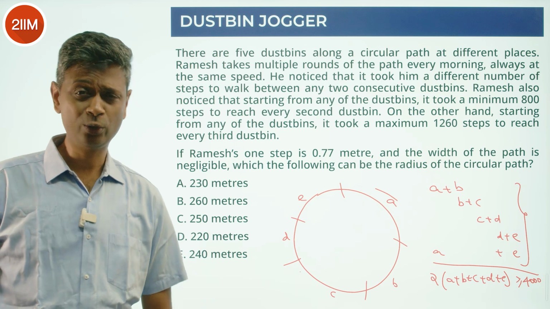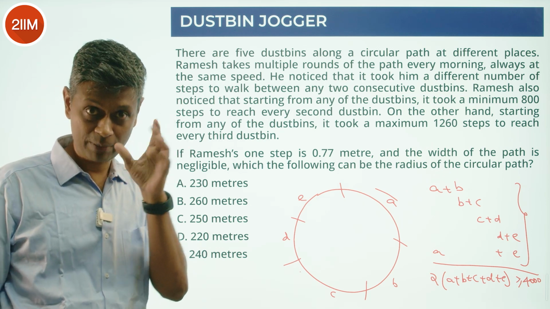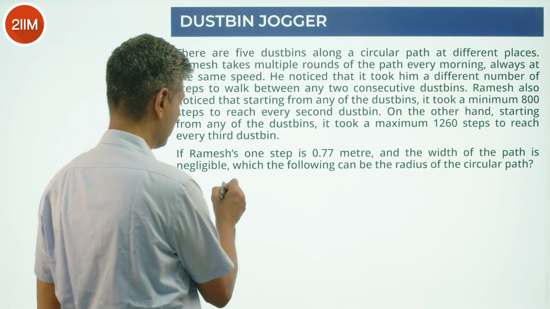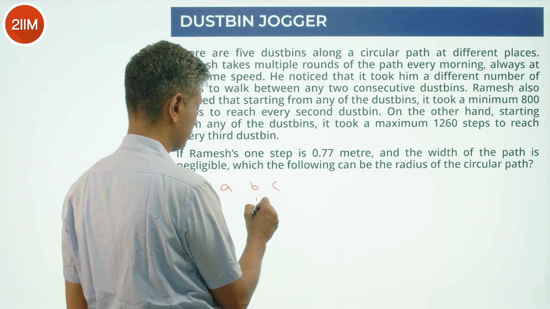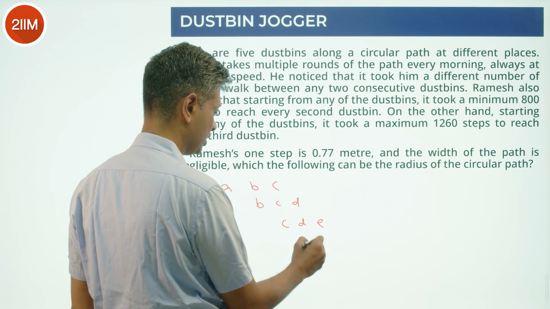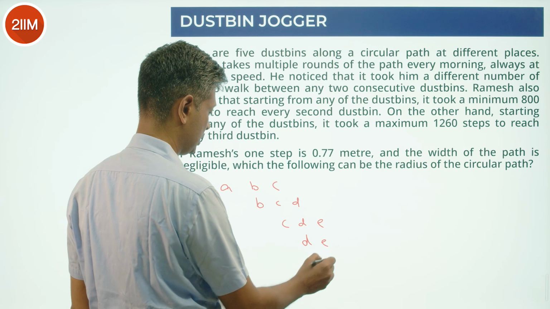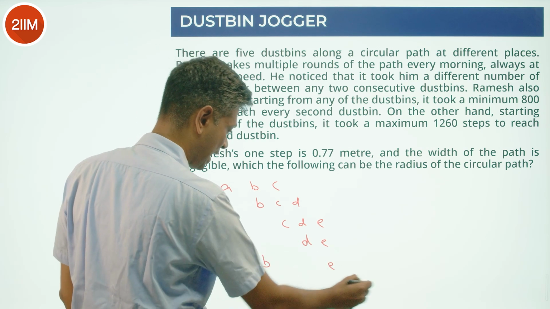Why are we through? Because I can do the exact thing the other way around with A plus B plus C thrown in. And so this means I can frame the next equation as ABC, BCD, CDE, DEA and EAB. Add all of this.